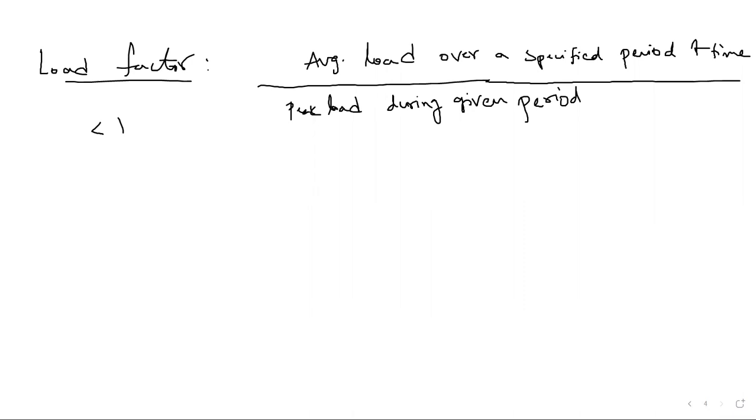So if you take the average load over a time period, let us take a duration of 2 hours, in that complete 2 hours if you take the average load and the peak load, that ratio will be your load factor. So generally the load factor will fall under less than 1. Why does it fall less than 1? Simply because the maximum or peak load is always greater than the average load, right?